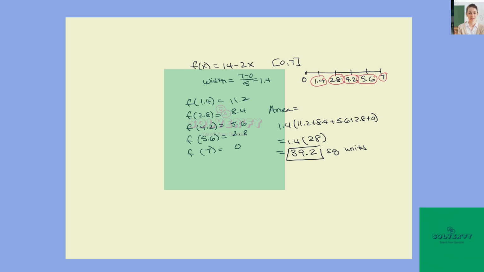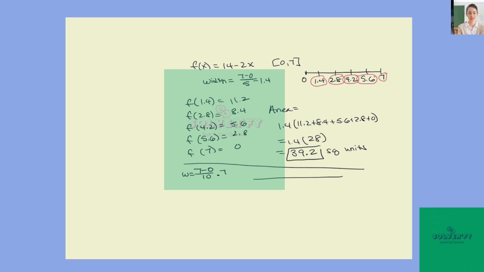Now we want to repeat that part with 10 intervals. So 7 minus 0 over 10 for my width, which is going to give me 0.7.